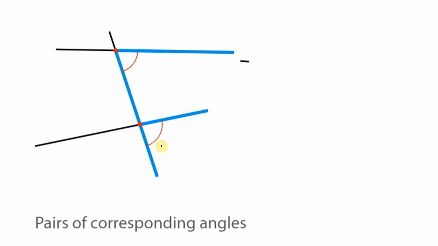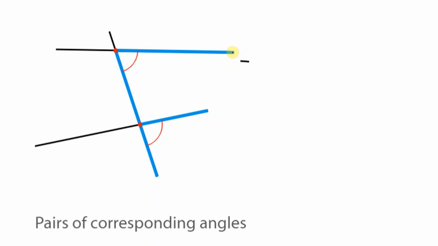So corresponding angles match or correspond in two ways. First, if you look at the transversal, they will both be to the right of the transversal in this particular case. If you look at the other lines that you need to get the intersecting line, they will be, in this particular case, both matching in the sense that they are below.